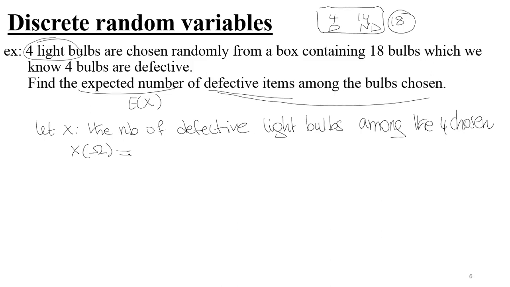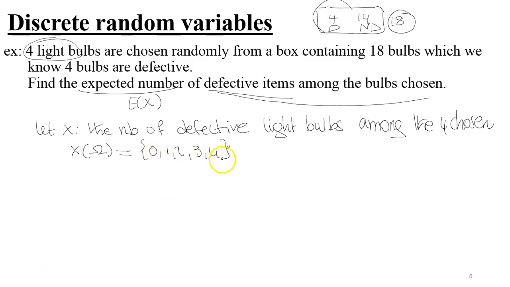You could have 0 defective, 1, 2, 3, or 4 defective, because in total we already have 4 defective in that box. So among the 4 that you're randomly choosing, you could have 0 to 4 defective.